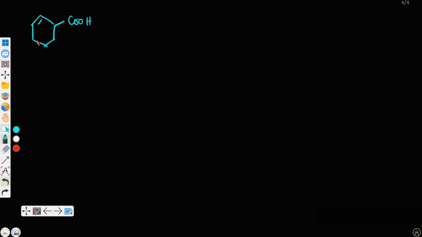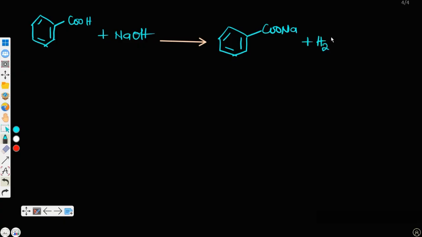So the first thing before you can calculate is to write your equation of reaction, benzoic acid plus sodium hydroxide. Now when benzoic acid reacts with sodium hydroxide, it's going to form sodium benzoate and water. It's more like an acid-base reaction.